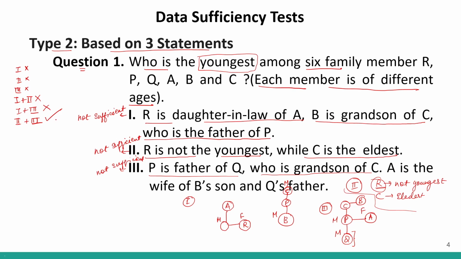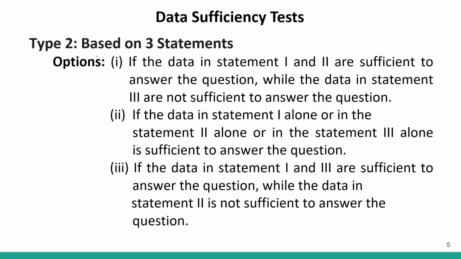Clear? So if I look at the options, the option number 1 says data in statement 1 and 2 are sufficient. So this is incorrect. Second option says data in statement 1 alone, 2 alone, 3 alone is sufficient. So this is also incorrect. Correct? 2 and 3 are sufficient.